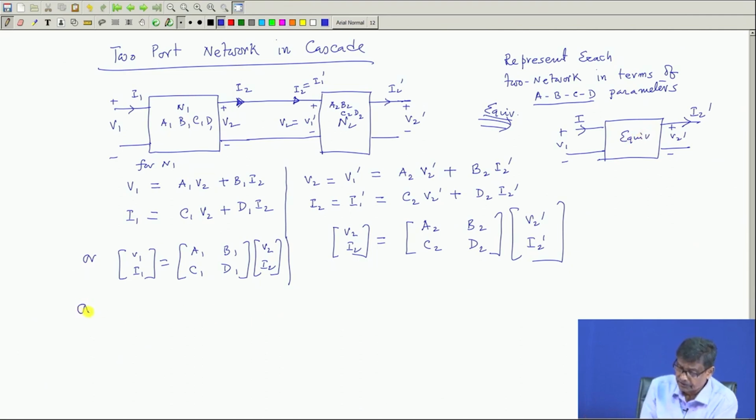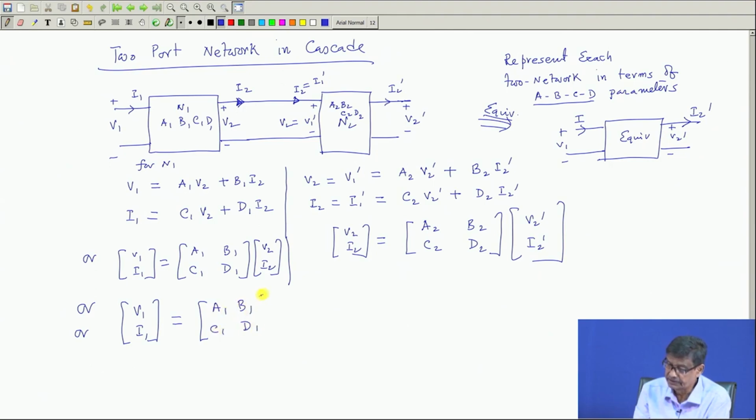Now, what you can see from this equation is that V1, I1 is equal to A1 B1 C1 D1 times V2 I2, but this column vector V2 I2 is nothing but this.